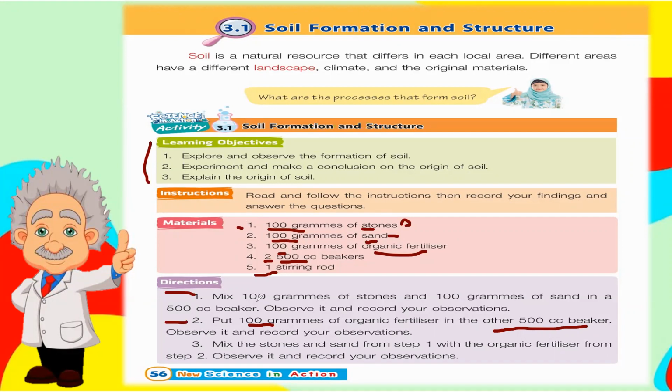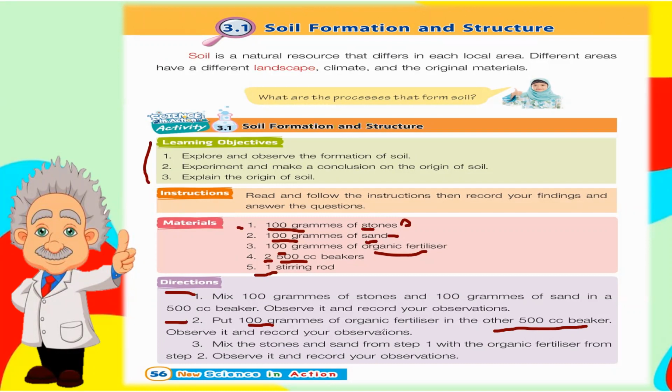In the first we put 100 grams of stone and 100 grams of sand, and in the second 500 cc beaker, we are going to put the fertilizer. And then we are going to observe and record our observation. What do we find? What do we learn?